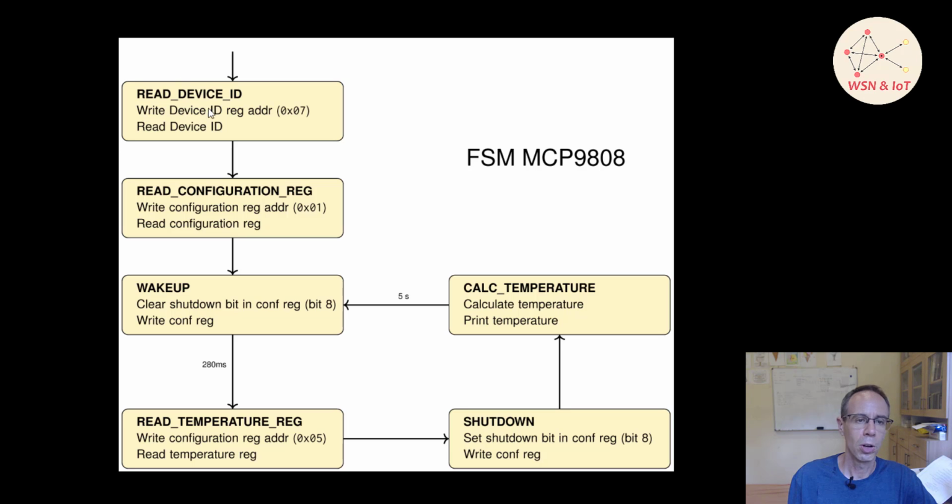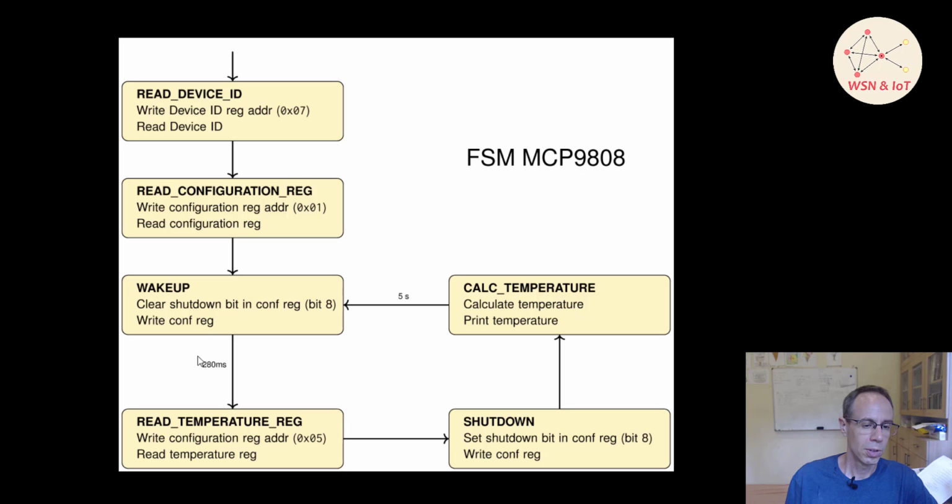In the first step, we're reading the device ID, to see if the sensor is answering at all. Then we're reading the configuration register. We need this because we have to set bit 8 when we want to put the sensor into shutdown for saving energy, and to clear this register for waking the sensor up.